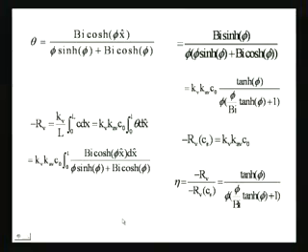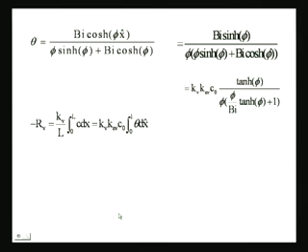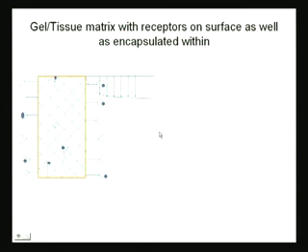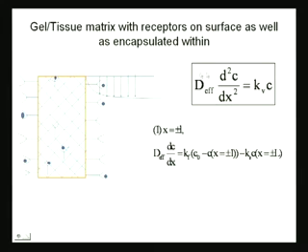We did look at effectiveness factors in certain geometries. If we go to the slide, this is the last thing we did, if you remember. We looked at encapsulated enzymes with reaction taking place both inside and outside, and it was a little complicated in terms of the boundary condition, so we took a simple geometry.